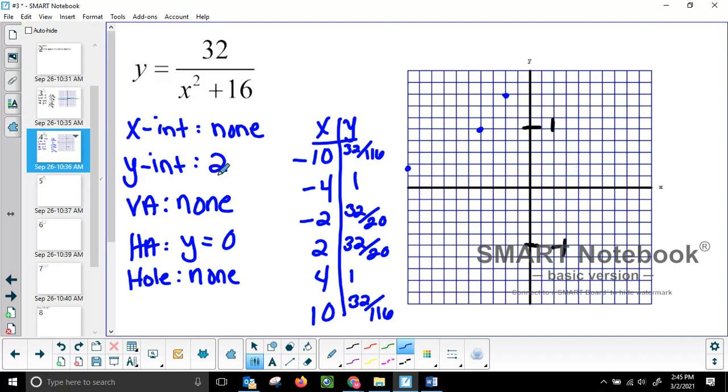We know that we have the y-intercept of 2, which would be up here. And then all of these will just mirror back. Right, so this is going to end up looking something like this.